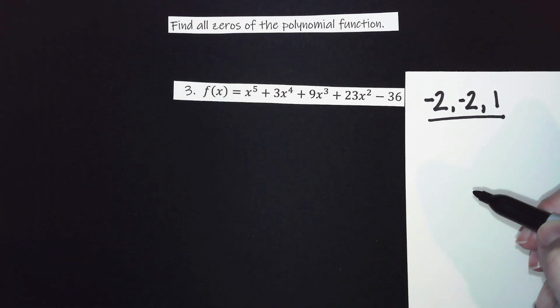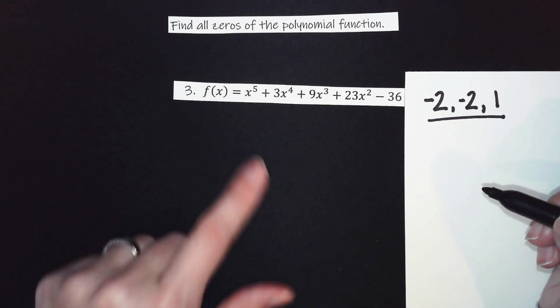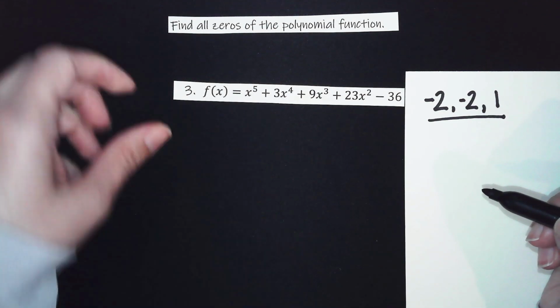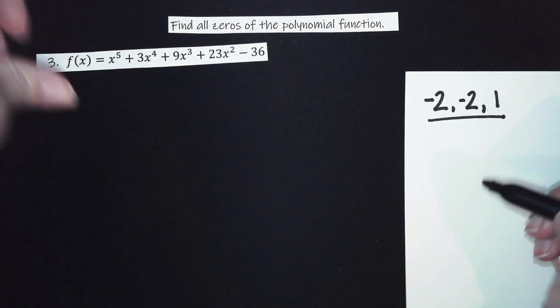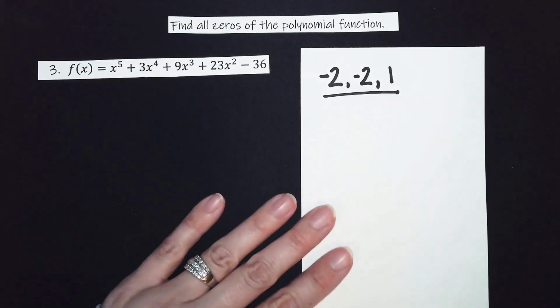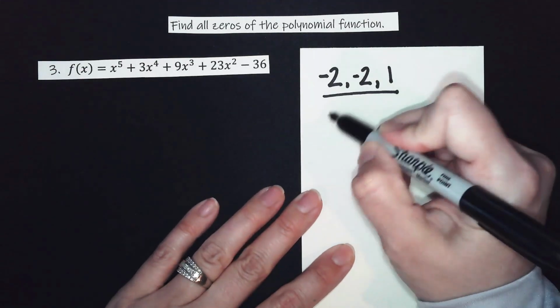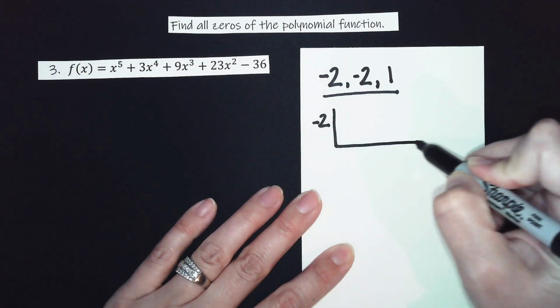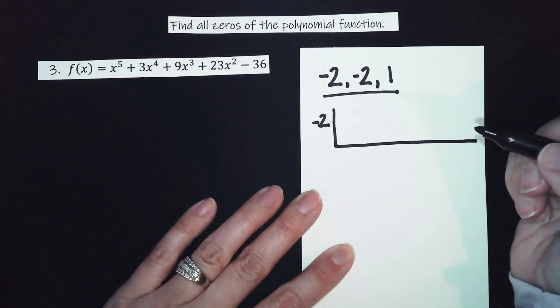So we're going to take those 3 solutions, and we're going to divide them out of our polynomial. So let's move some things over here. All right. So I'm going to first start with the first one. I'm going to divide out a -2. I need to write all of my coefficients.